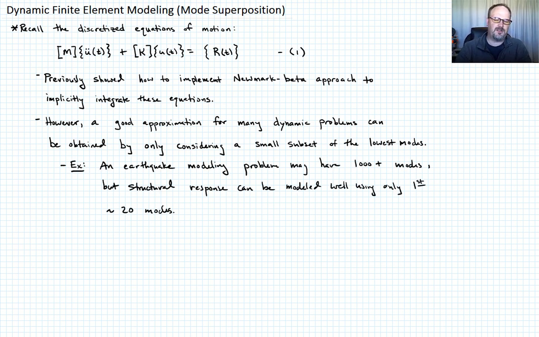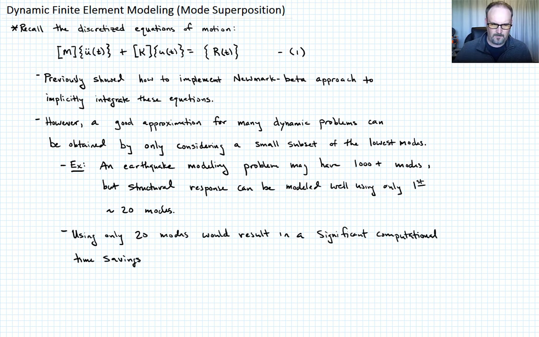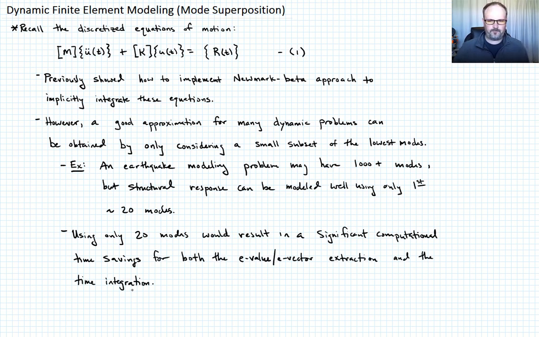Okay, sorry, I just wrote that example down for you. If we could find a way to look at only those first, let's say, 20 modes in this 1,000+ mode problem, this is going to result in a significant computational time savings. The savings is going to be both for the eigenvalue, eigenvector extraction, since we don't need to extract them all, just up to a certain frequency, but also on the integration in time of these modes.